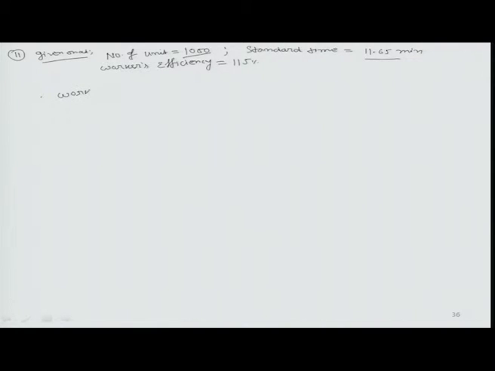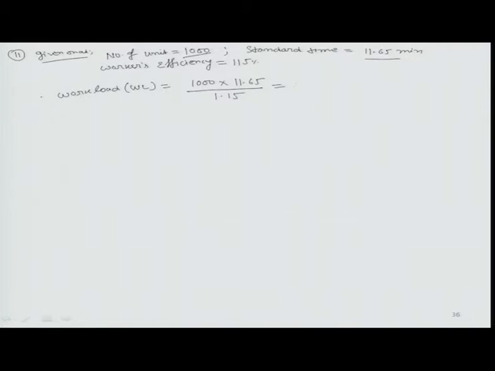Workload is equal to the number of units to be produced, 1000, into the standard time, 11.65, and what was the efficiency? 115%, means 1.15.